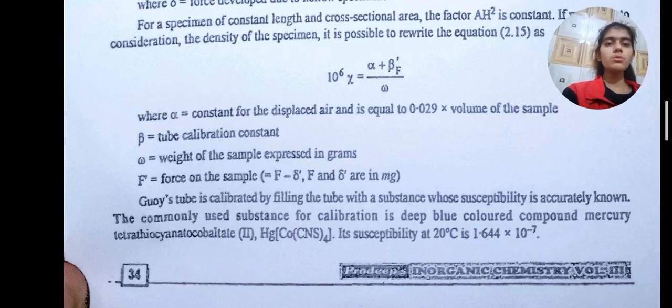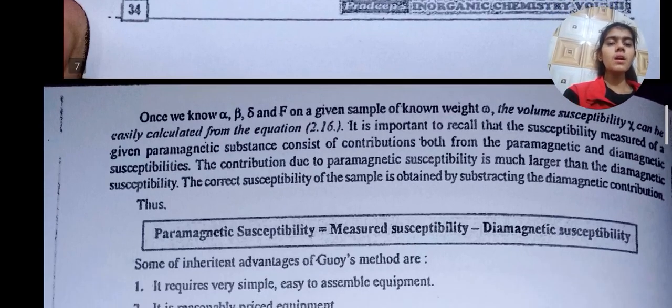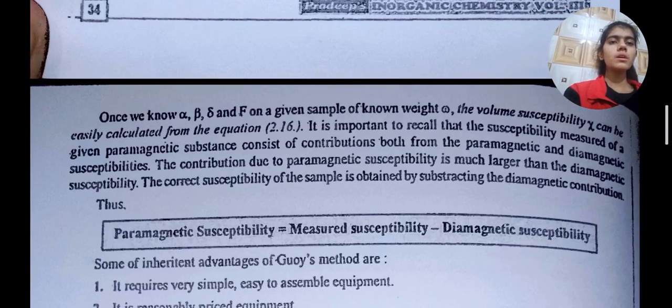The commonly used substance for calibration is the deep blue colored compound mercury tetrathiocyanatocobaltate. Its susceptibility at 20 degrees centigrade is 1.644 × 10^-7. Once we know alpha, beta, rho and F on a given sample of known weight W, the volume susceptibility Xi can be easily calculated from the equation we have written above.